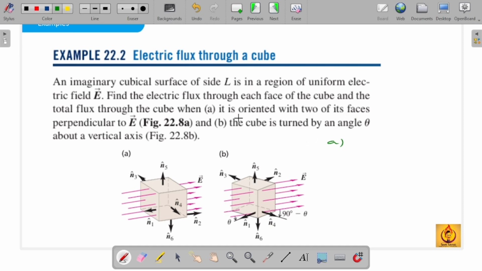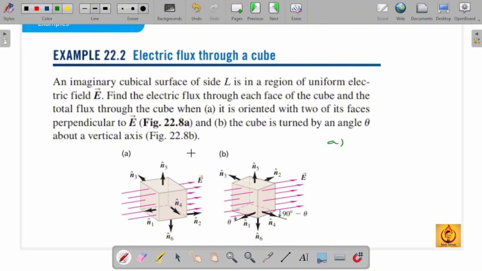When it's orientated perpendicular, I think it's gonna give us zero.